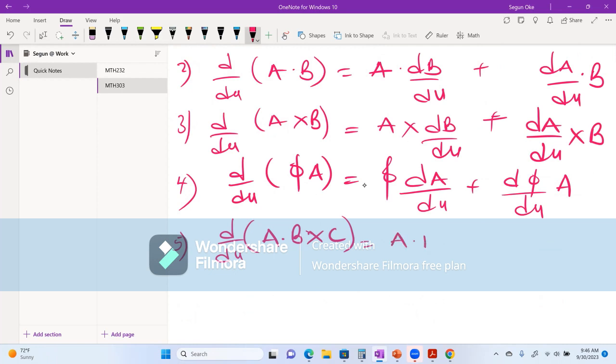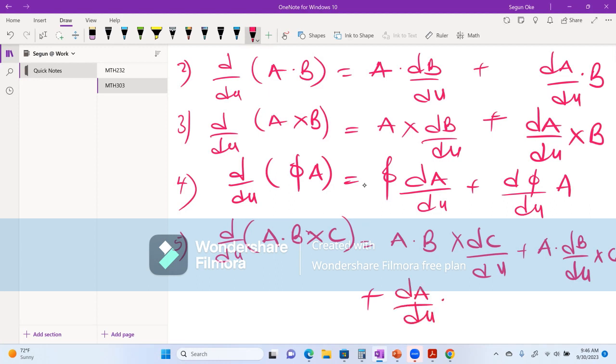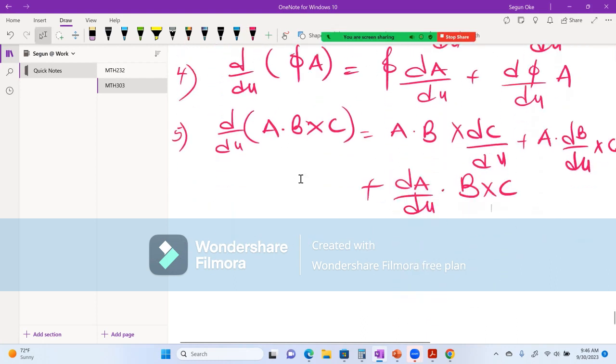We have A dot B cross the C over the u, plus A dot dB/du cross C, plus the dA/du dot B cross C. This is very important. Look at the way I arrange it. Let it be well arranged like that, because we will still need them, I'll be using them.